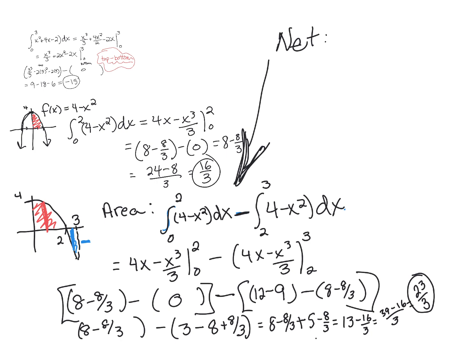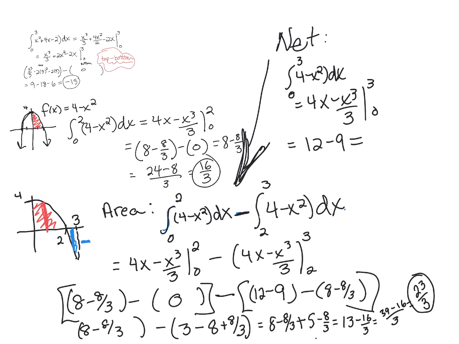In this case, if we just integrate from 0 to 3, 4 minus x squared, we're doing this to see what difference it makes. 4x minus x cubed over 3, are you sick of that yet? From 0 to 3. When we plug in the 0, it's 0, so all we have to do is plug in the 3. 12 minus 9 equals 6.